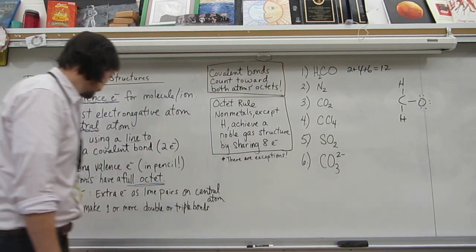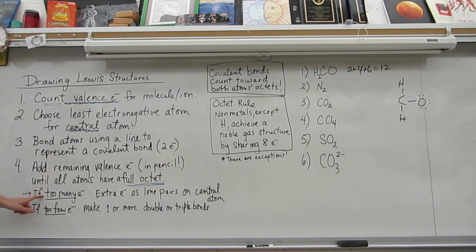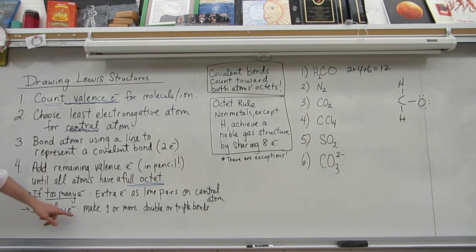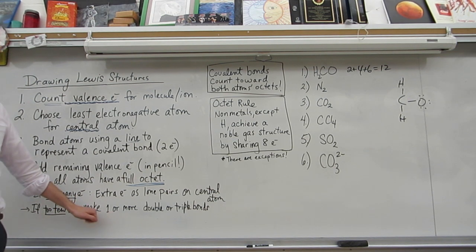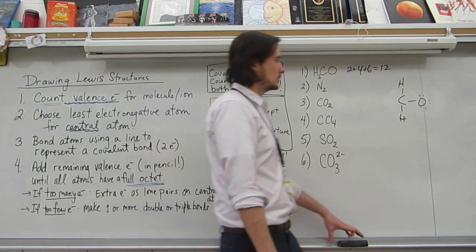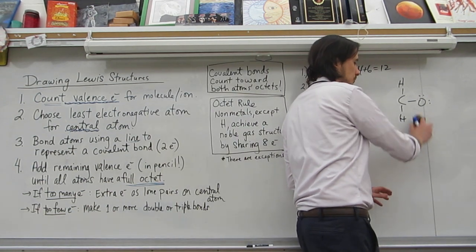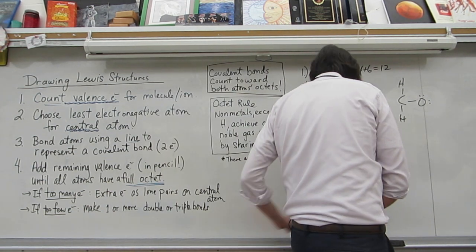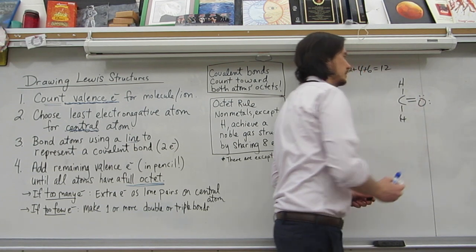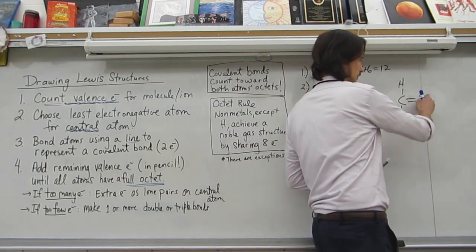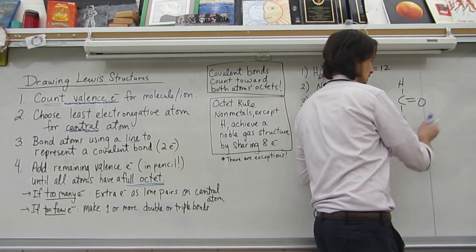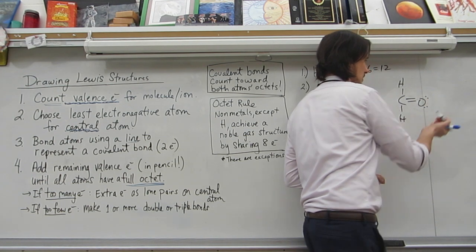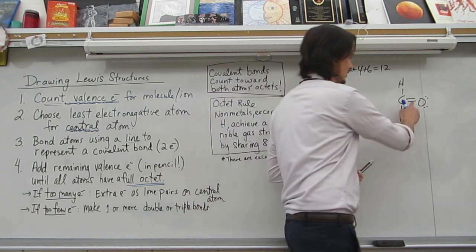And so what do we do? Well, if we have too few electrons to give all atoms octets, we need to make one or more double or triple bonds. So what we do is this. We take these 2 electrons and add them there. It's a little close to those. I like to spread things.